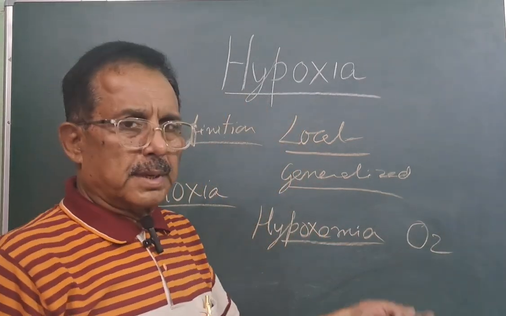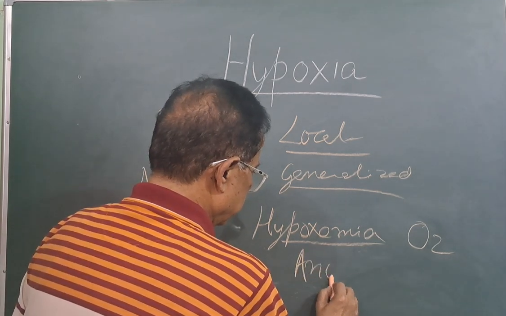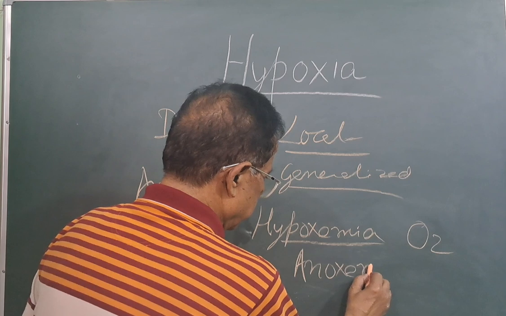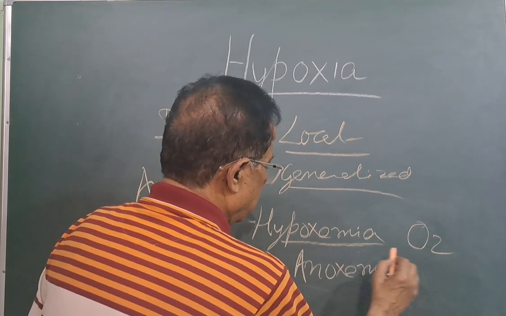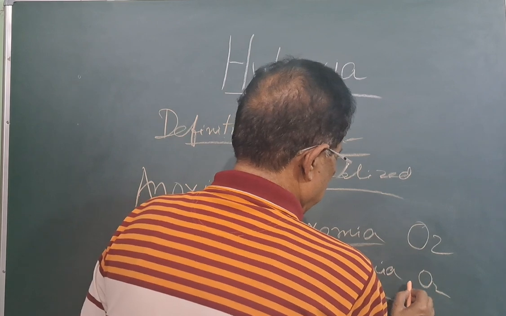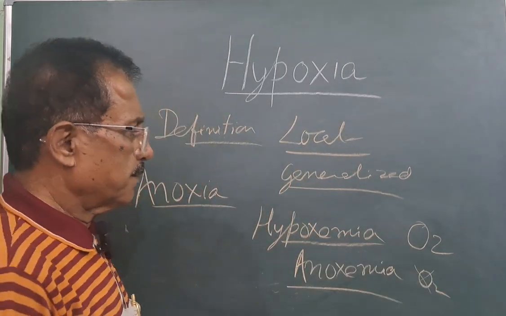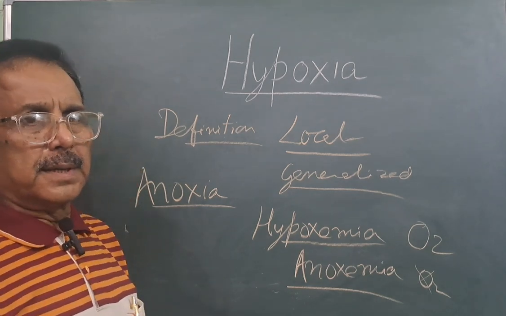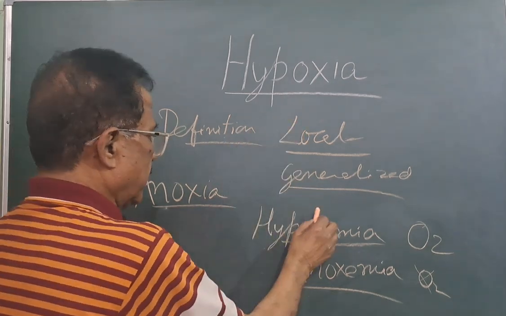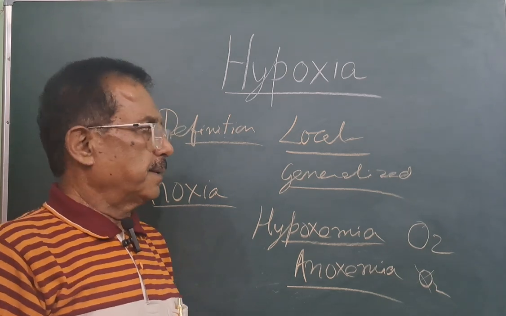This is hypoxemia. And anoxemia means no oxygen in blood. Oxygen is not present in blood. Hypoxemia, a less amount of oxygen is present in blood. Therefore, hypoxia and hypoxemia are not similar terms, they are different.